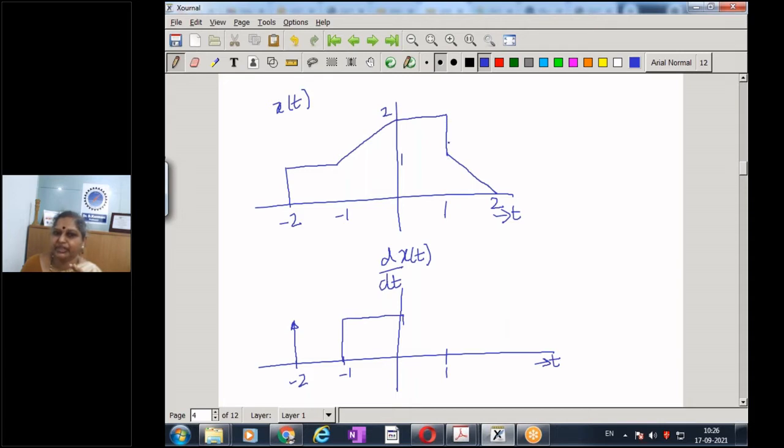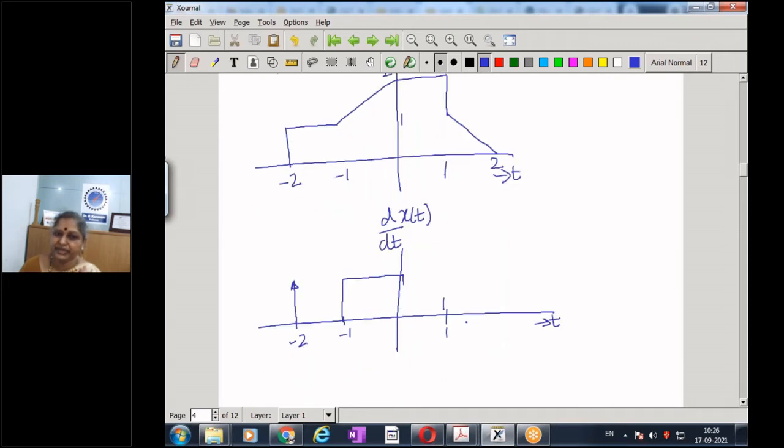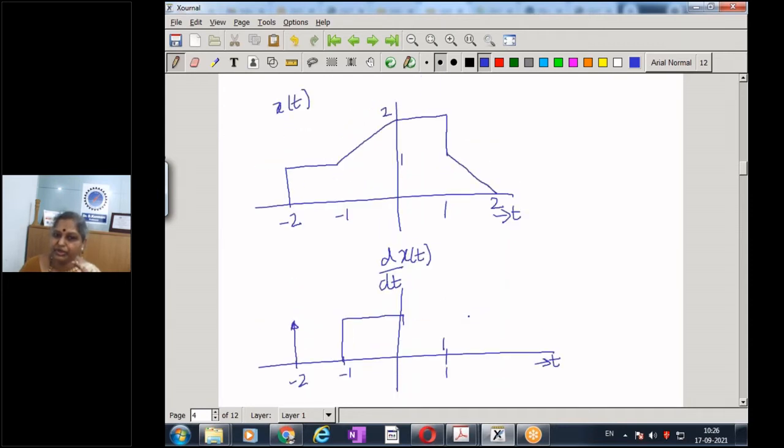Then at 1, what happens? There is a sudden fall in the signal, and I need to go down by 1, so there is a negative impulse of -1. Then in the range 1 to 2, the signal again has a negative slope of -1.